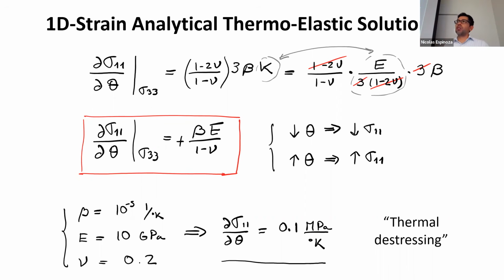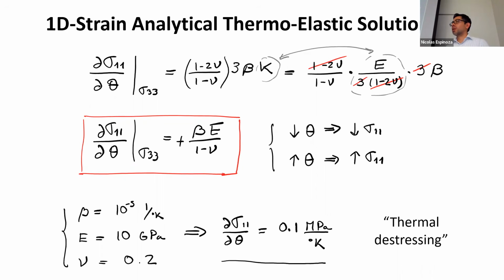Let's say a change of temperature of 100 C. That's going to give you 10 megapascals. 10 megapascals, how many PSI is that? For those of you used to field units, it's about 1500 PSI. So 1500 PSI, that's about 10 MPa.